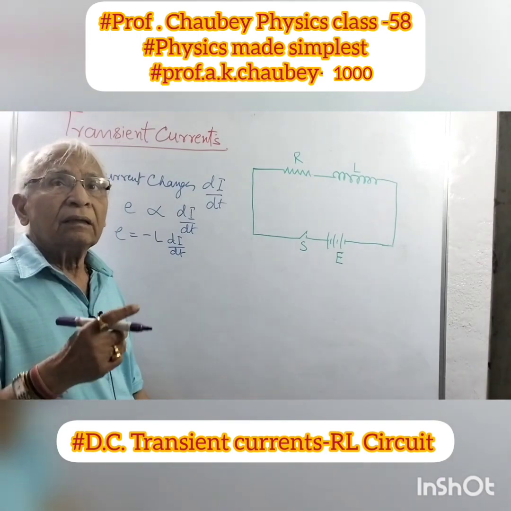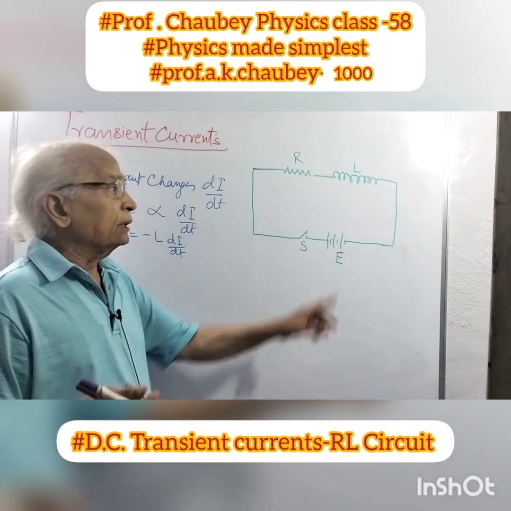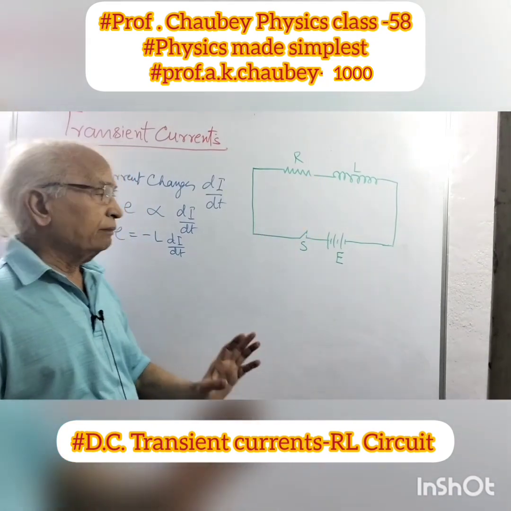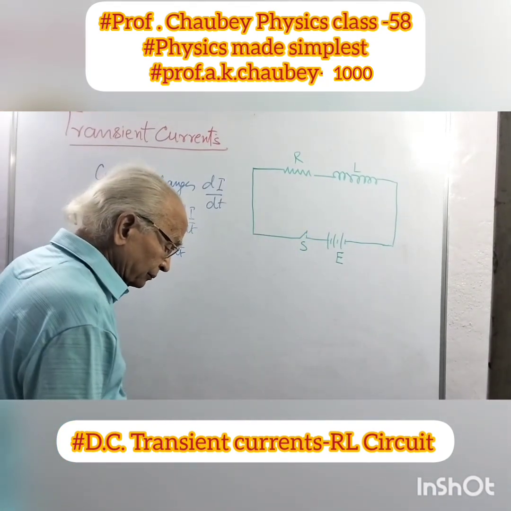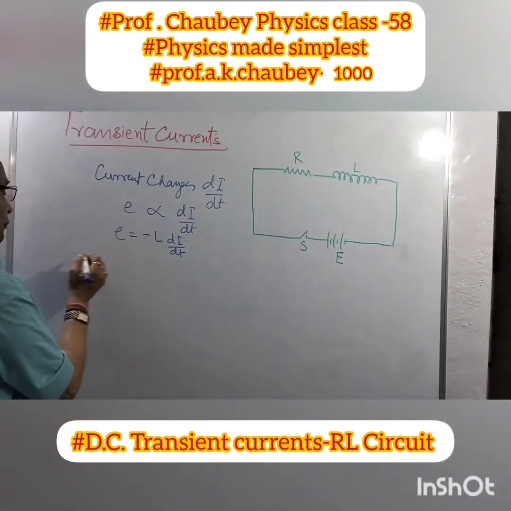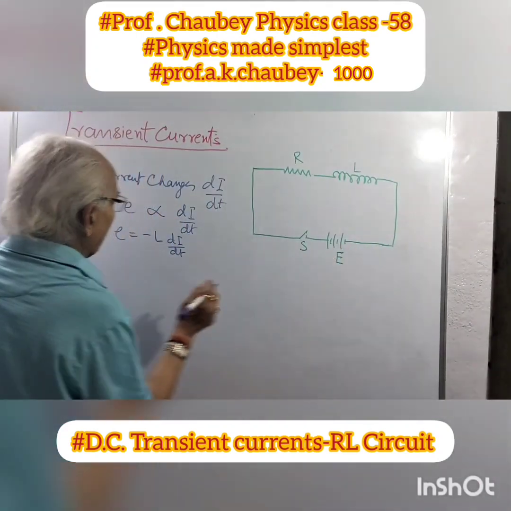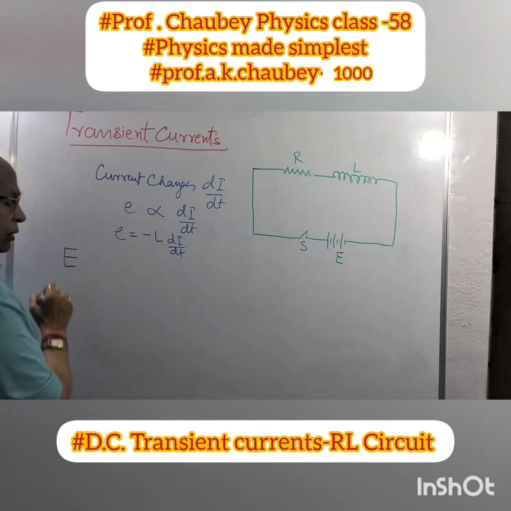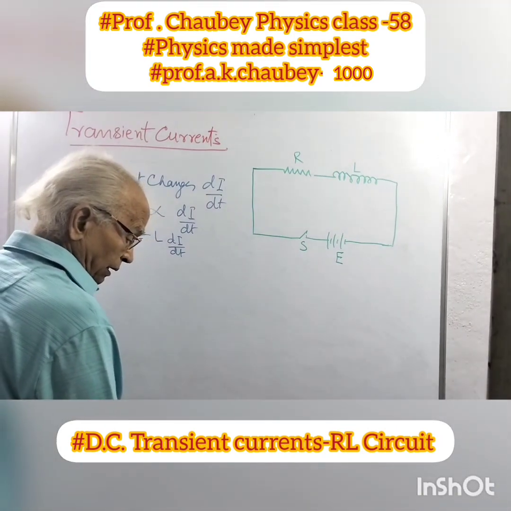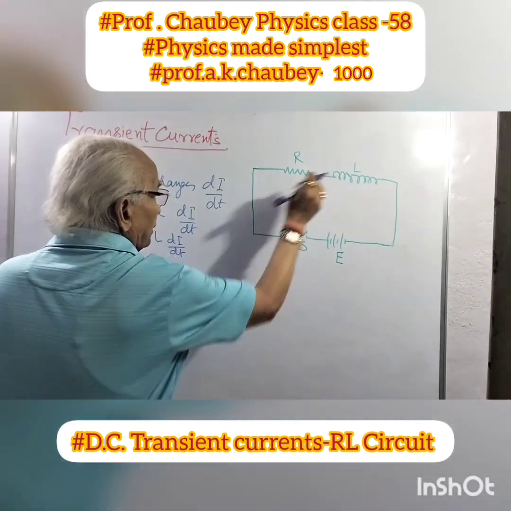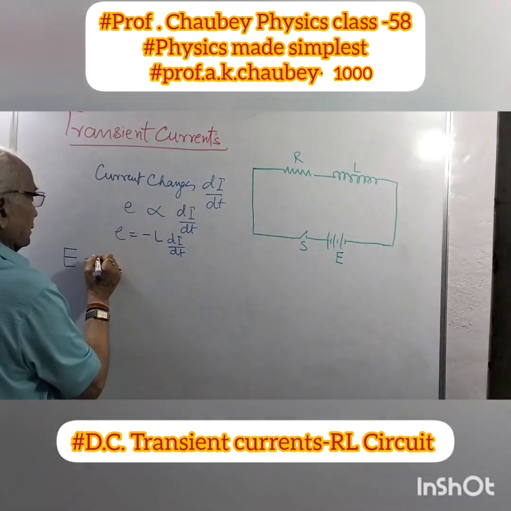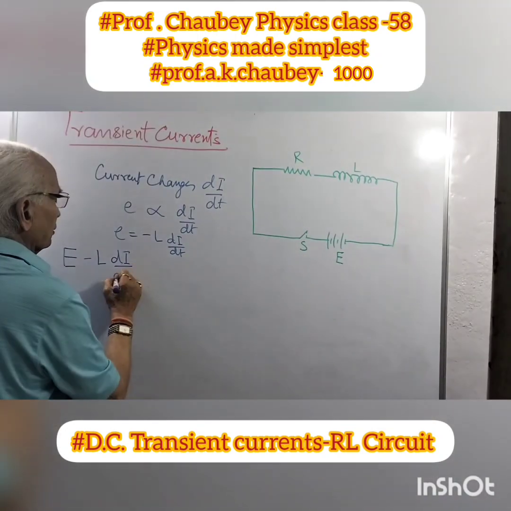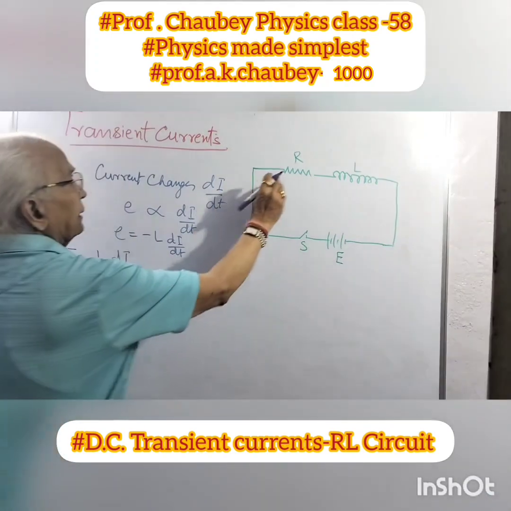So the L di/dt induced potential here is opposite to the IR drop. Both are different. So what we have in the circuit, you see in the circuit here, E is the applied EMF. Then we can write, using the Kirchhoff voltage law, applied EMF E, and then the EMF here minus L di/dt, and what we have is IR here.